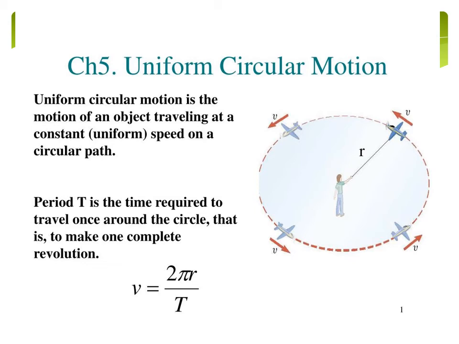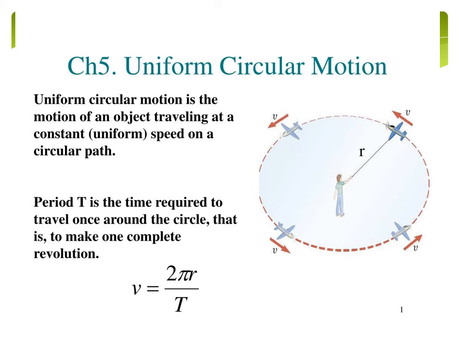Let me tell you once again. Uniform circular motion is the motion of an object traveling at a constant speed on a circular path.